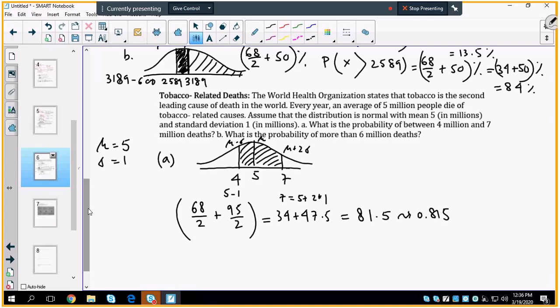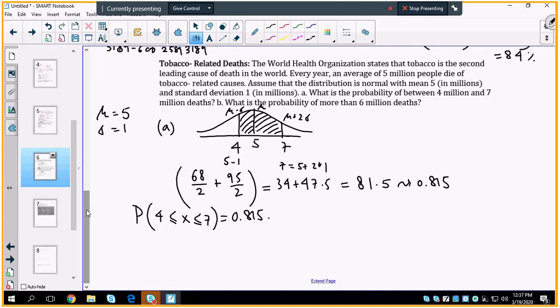And how do I answer my question? The tobacco-related death between 4 million, that's what I wanted, and 7 million is 0.815. Answers my question. On all these answers, I'm doing just by using the empirical rule.